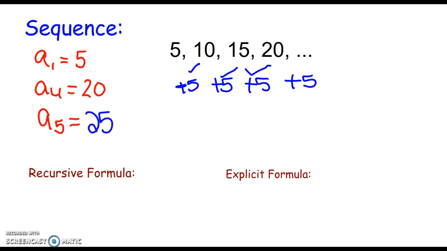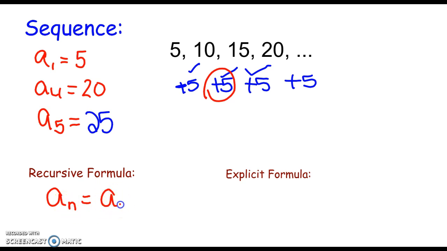And this is represented in what we call the recursive formula. So recursive formulas will always discuss what's happening to the previous term in order to get the next term. So like in this case, we are adding 5 to the previous term to get the next one. So the way that's written is we actually have A sub n this time, meaning I can find any term in this sequence by taking the previous term.